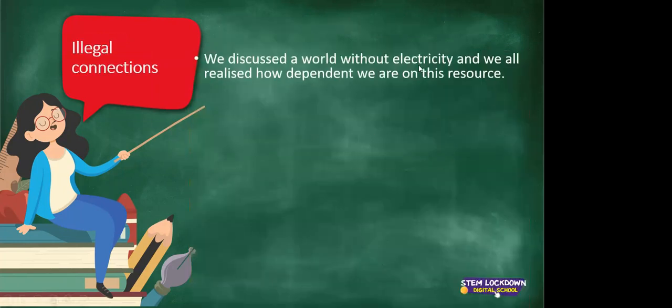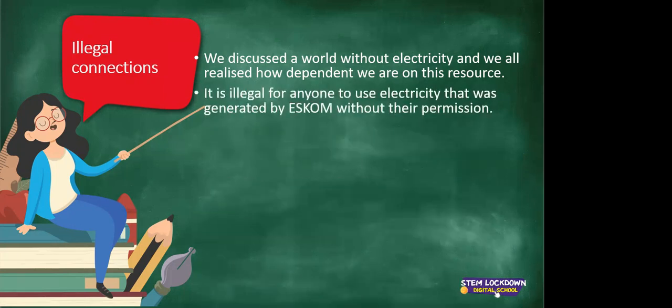All right, now illegal connections. We discussed a world without electricity, and we realized how dependent we are on this resource. Without electricity it's going to be extremely hard because we rely on electricity so much. Now, it is illegal for anyone to use electricity that was generated by Eskom without their permission.